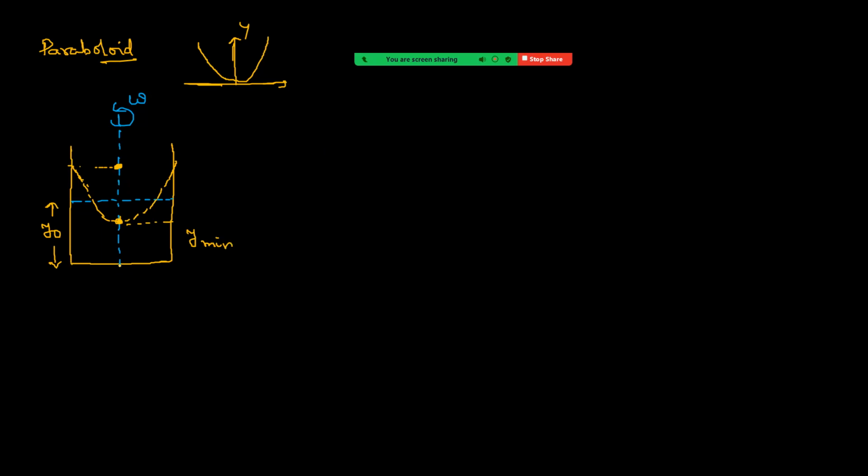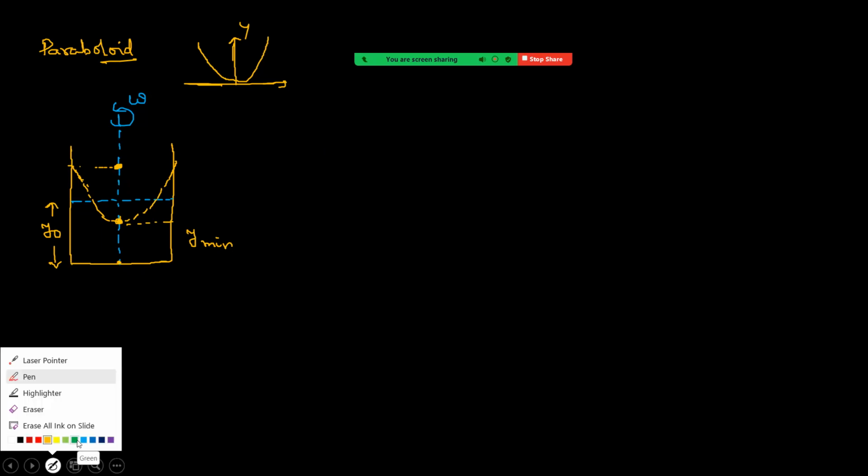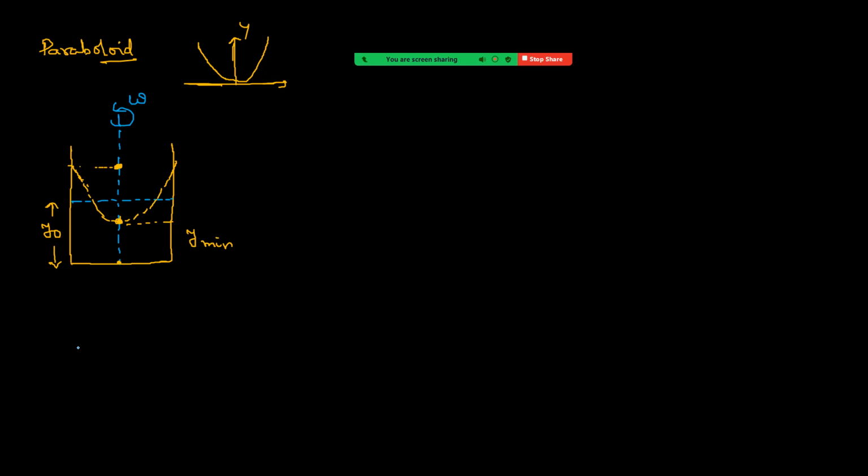Let us take this point as origin, so taking the bottom of the vessel, that center point, as origin. This is x and this is y. This is y minimum, this is y naught, and this is y maximum. So we want to find y maximum minus y minimum. That is the question given.